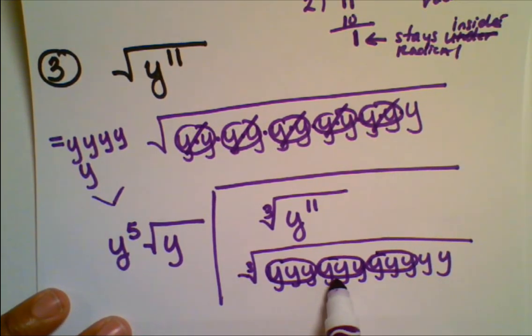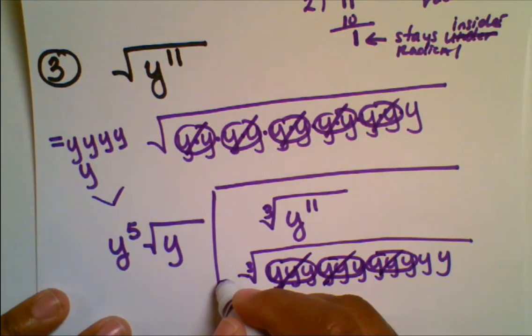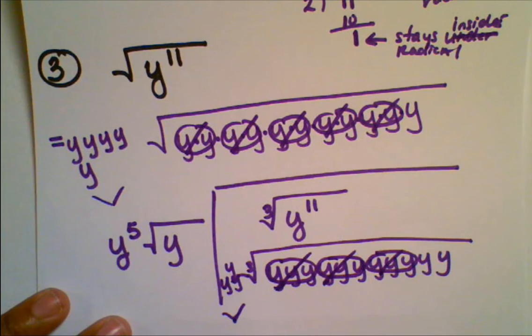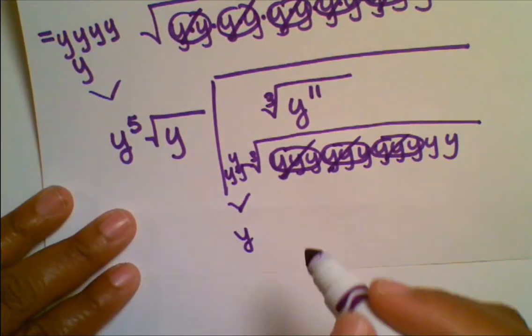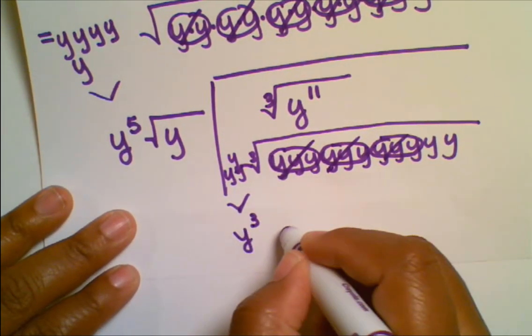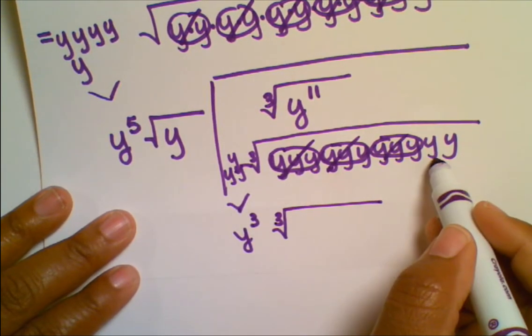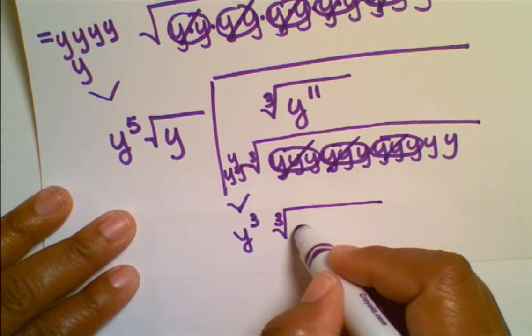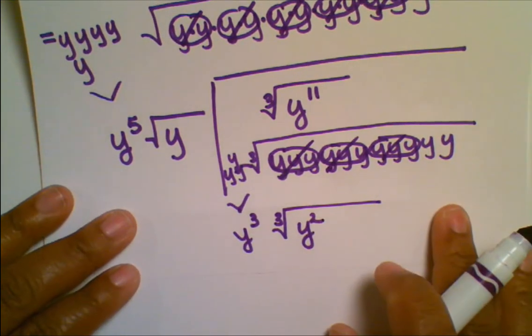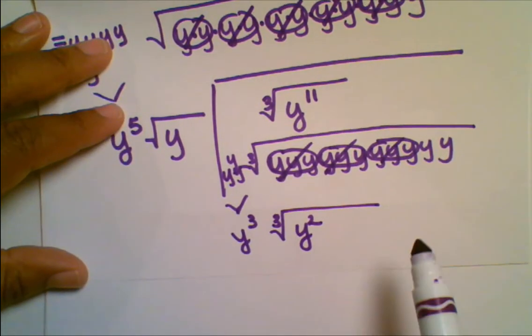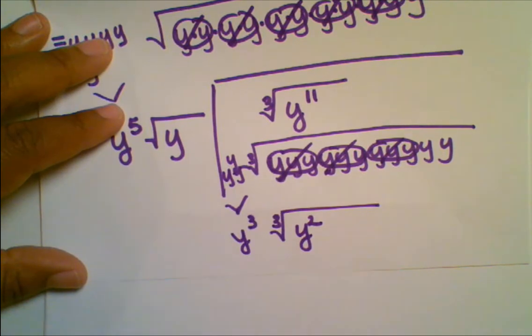How many groups do we have? 3. So that means y is going to go on the outside 3 times. And then we multiply, so you have y cubed times the cube root of what's left under the radical sign, y squared. So this is how you would use the index.